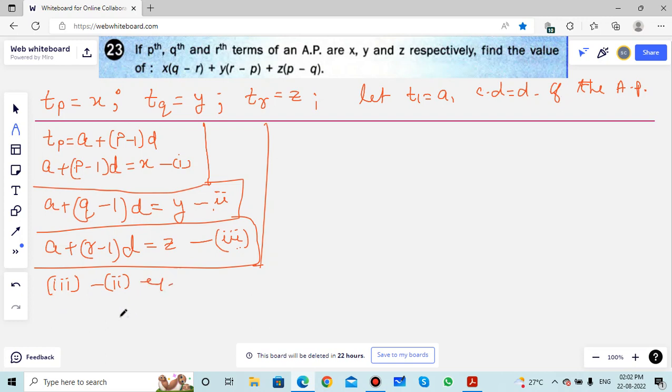A plus r minus 1 d minus this entire thing in bracket, which is our second equation. I think I made a mistake here. We have to get q minus r, so I have to write second equation minus third equation, not the third minus second.